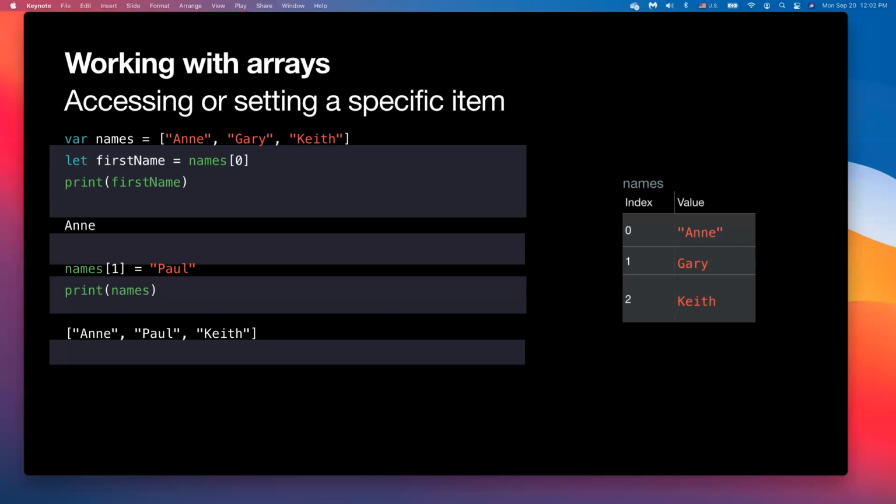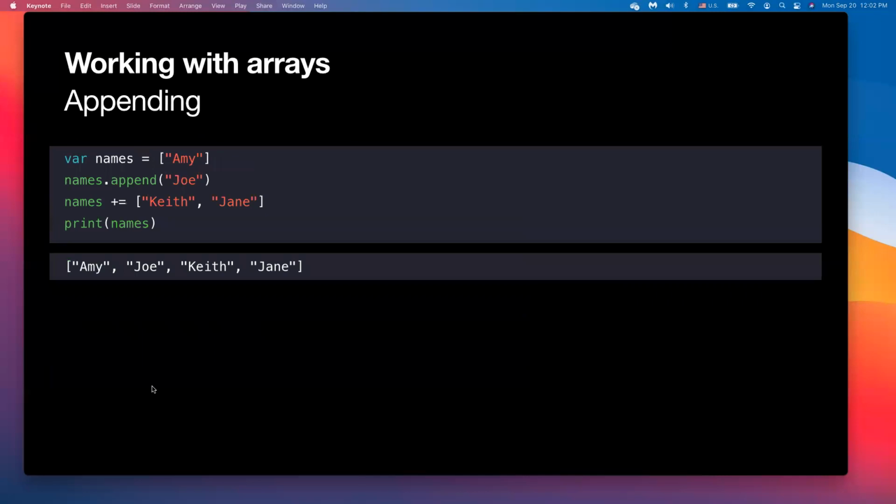The next one, we're going to take a look at how we add values to arrays, and this is called appending values to an array. There's two ways to do that. One way is you can just use the function append, and with append you can append only one item to the array.